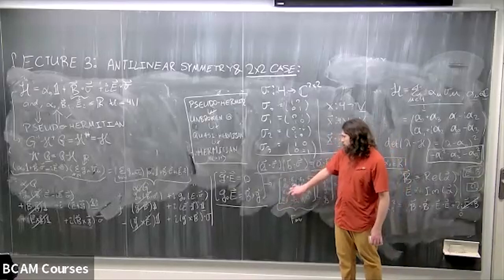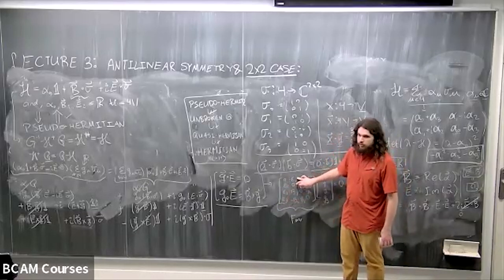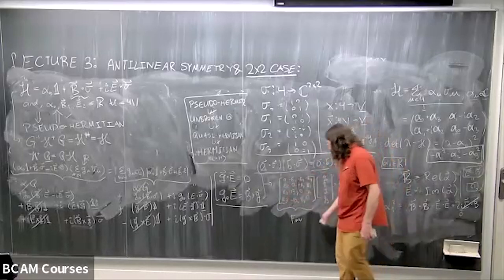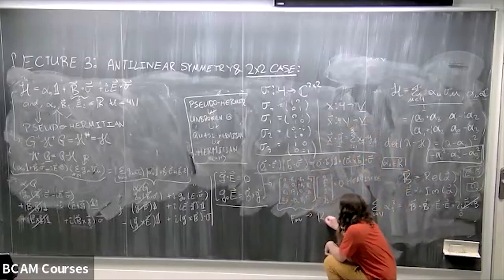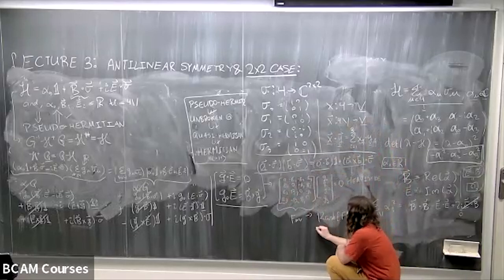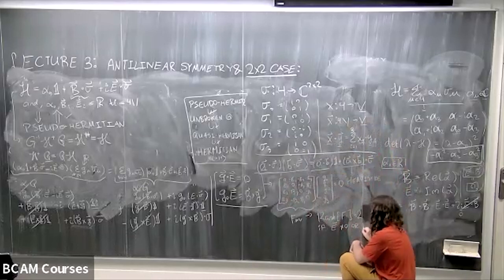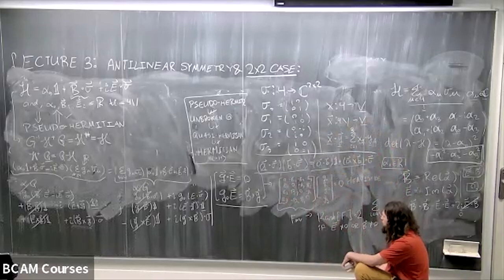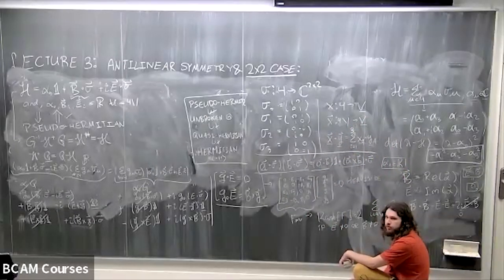This and this give you rank 2. So immediately what you can see is that the rank of F is greater than or equal to 2 if one of these is non-zero. Okay. So that means the kernel has dimension at most 2 because of the rank-nullity theorem.